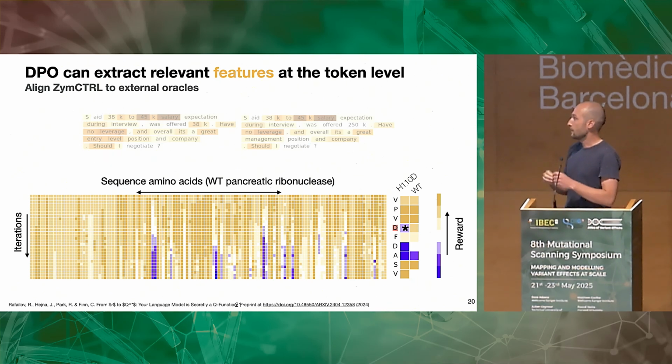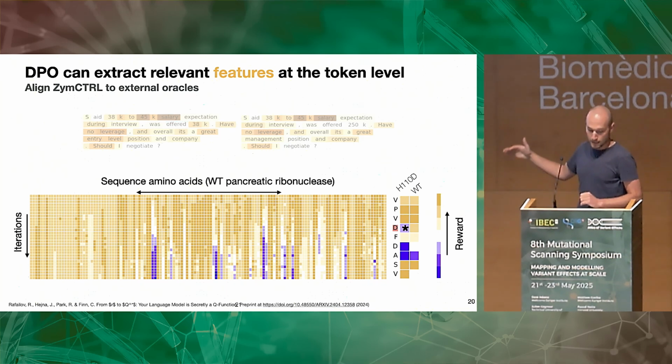You can picture a matrix where each column is the same amino acid repeated over many iterations. The first row is iteration 0, so the model not aligned. And then we align the model step by step until we reach the last row, which is iteration 30.